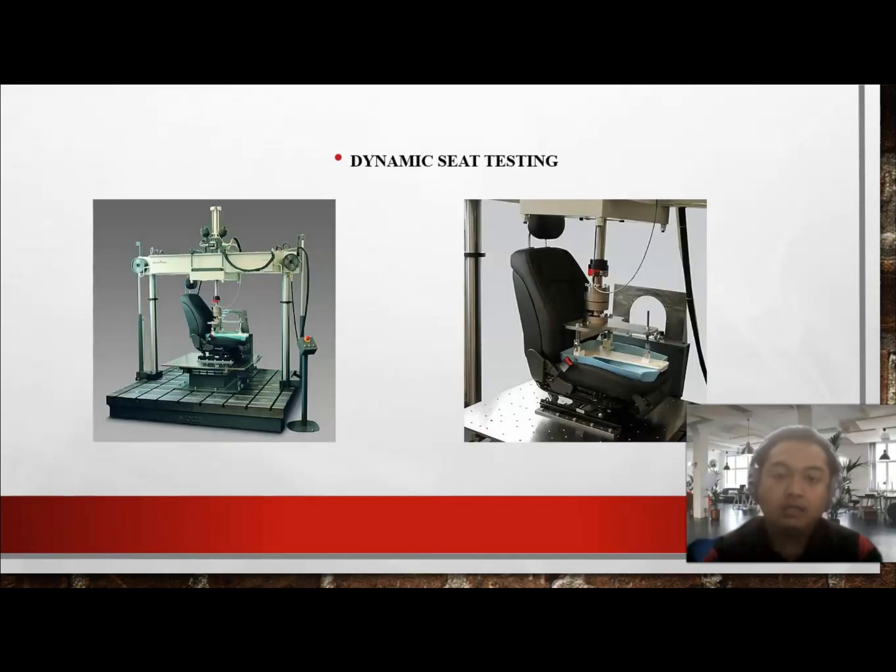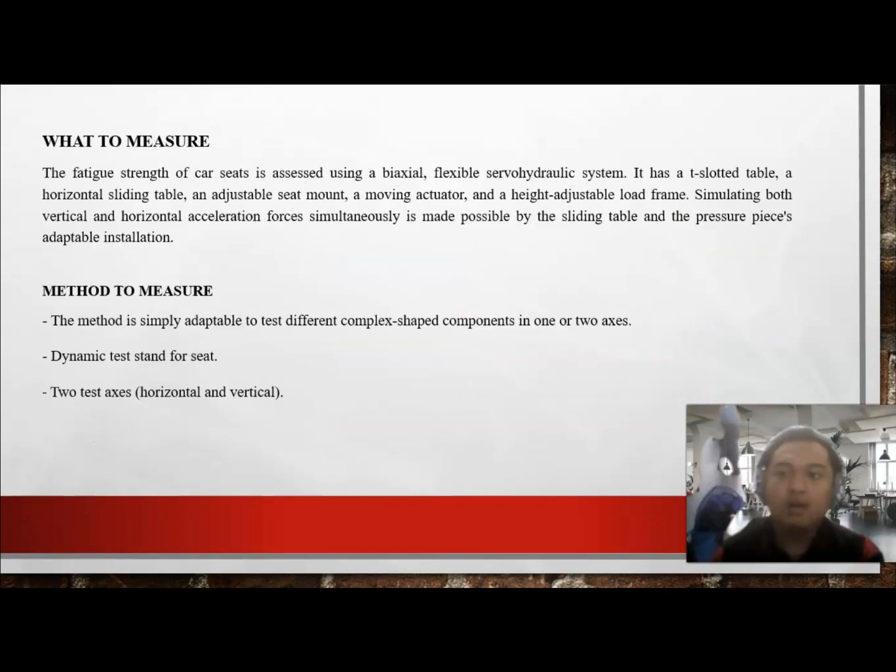Okay, the next is dynamic seat testing. The fatigue stretch of car seat is assessed using a biaxial, flexible hydraulic system. It has a T-slot table, a horizontal sliding table, an adjustable seat mount, a moving actuator, and a height adjustable load frame.